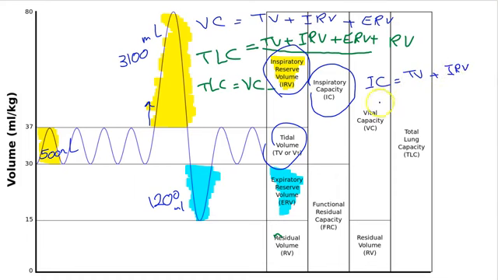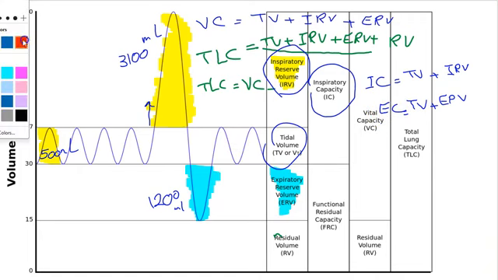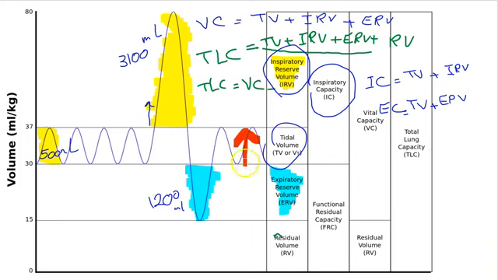How about if we add the amount of air that we normally breathe out and deeply breathe out? That would be our expiratory capacity, which is going to be here. So it means from here till here, the amount of air that we normally and deeply breathe out would be our EC.